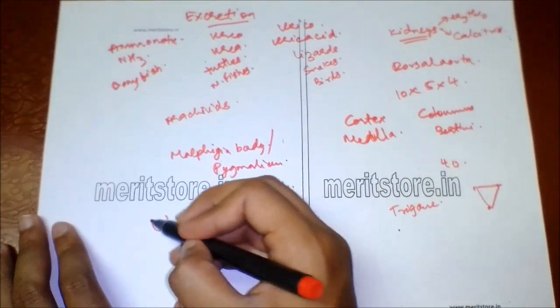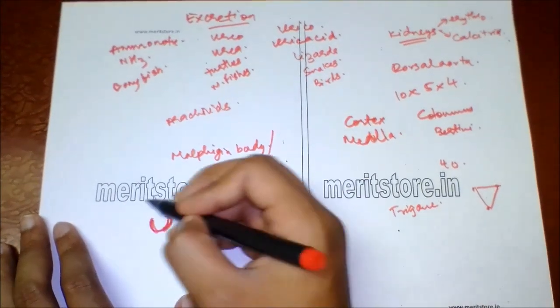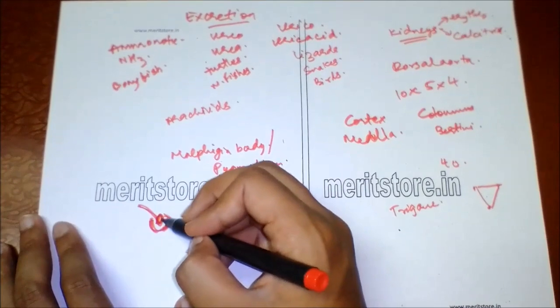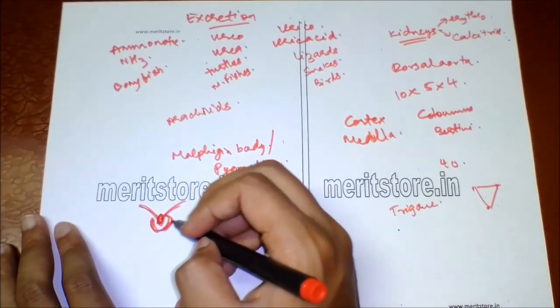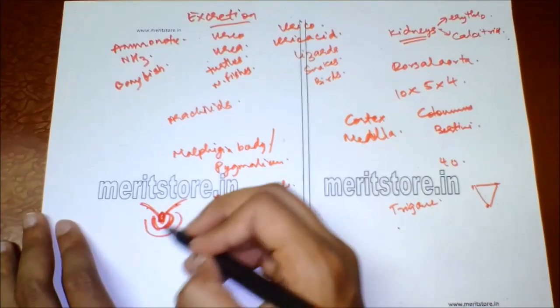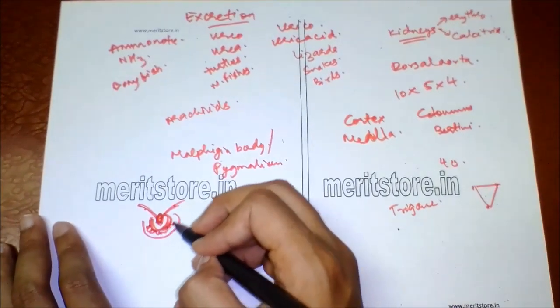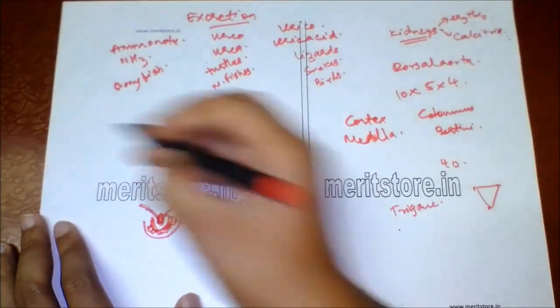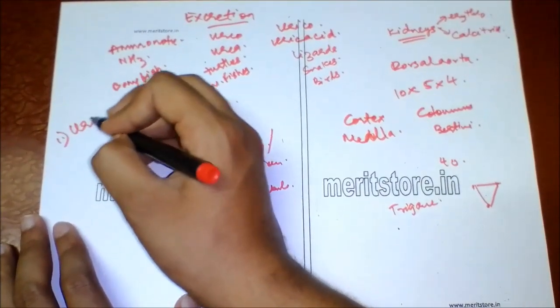This is the part of the Bowman's capsule, which consists of the glomerulus, afferent arteriole, and efferent arteriole. The changes in pressure lead to ultrafiltration. There are podocytes on the inner wall which help in ultrafiltration, which is the first process of formation of urine.